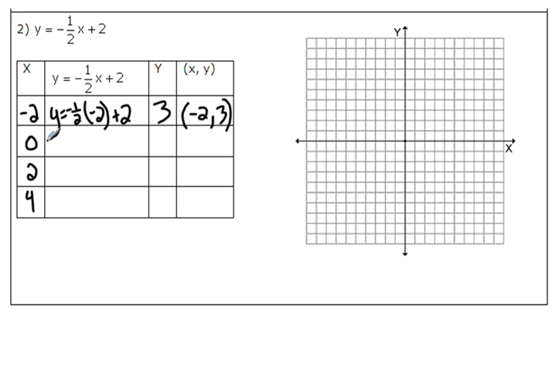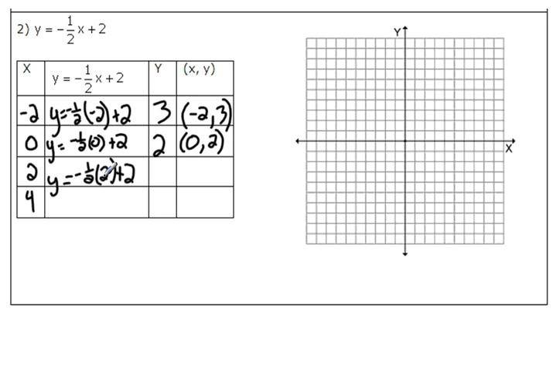So I do it again for 0. Y equals -1/2 times 0 plus 2. Well, -1/2 times 0 is 0. 0 plus 2 is 2. So I get 0, 2. Next one. Y equals -1/2 times 2 plus 2.